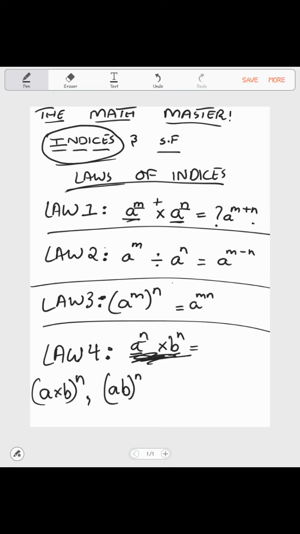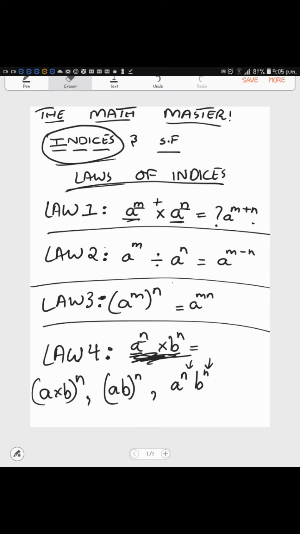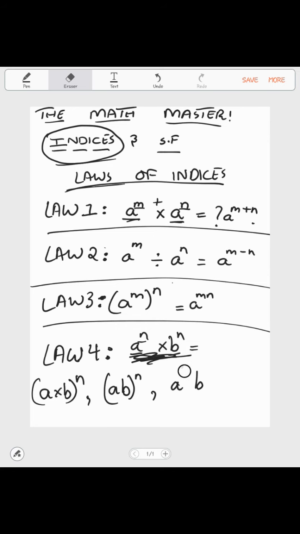You don't have to necessarily include the multiplication sign, because I told you that you don't have to. Or maybe a^n b^n, again not including the multiplication sign, but the powers are on each variable separately. So these are the possibilities that you can use. These are 3 of them.